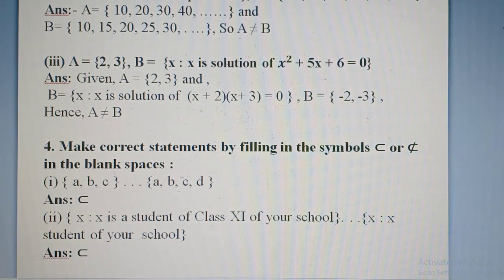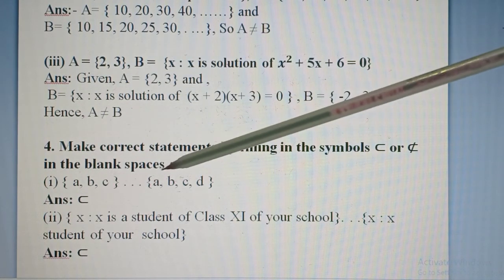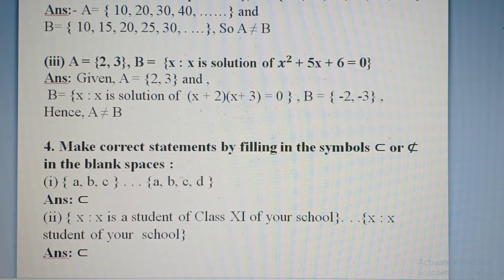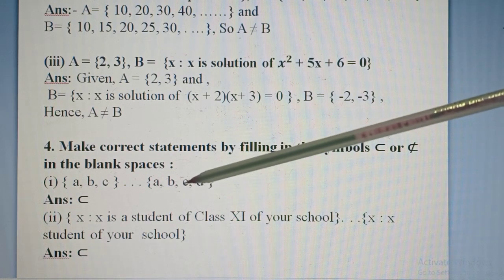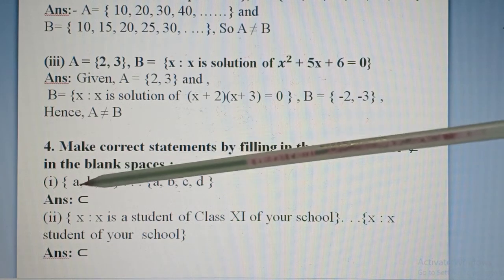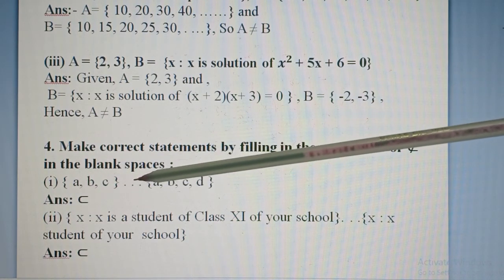The first set is a subset of the second set or not, we have to check. Let us check whether the elements of the first set are present in the second set. The elements are A, B, C, elements are A, B, C. So yes, it is a subset. So in this space we can put the subset symbol.